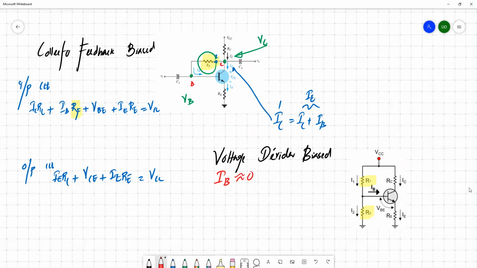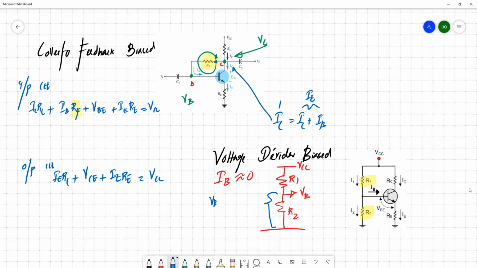Then assume that there won't be any current flow through the base, so you can treat these two resistors separately. So this is VCC, this is R1, this is R2, and this is your base. You can easily calculate the base voltage here.